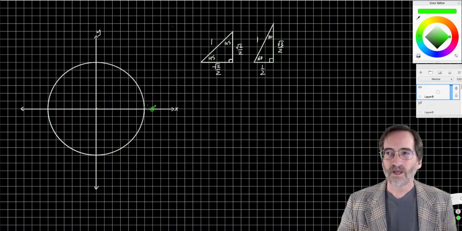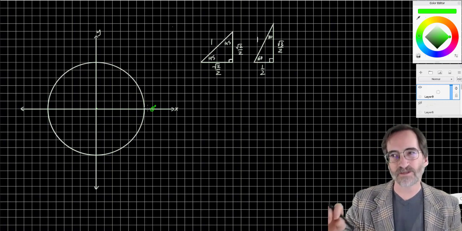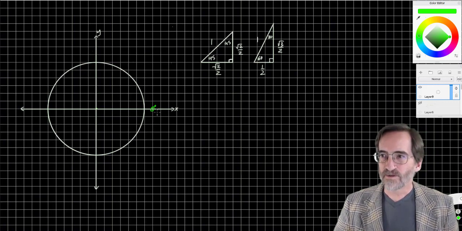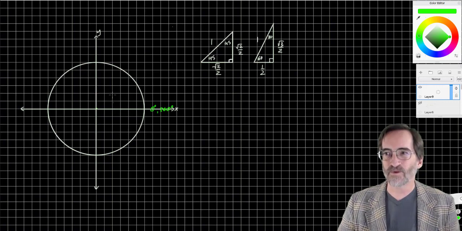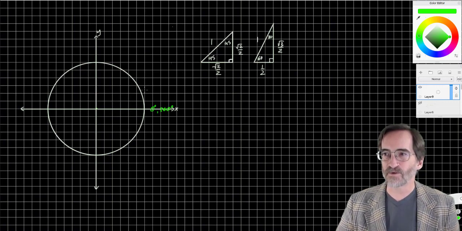We start there, and angles in the unit circle and in trigonometry are measured counterclockwise. As we proceed counterclockwise, we go all the way around is 360. So 0 and 360 are coterminal. That's a word meaning they end up with the same terminal ray, 0 degrees and 360 degrees.